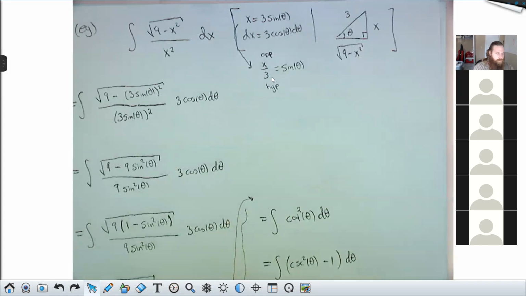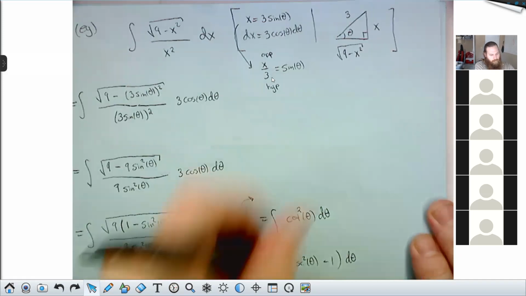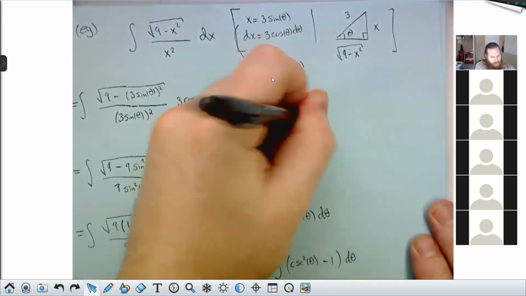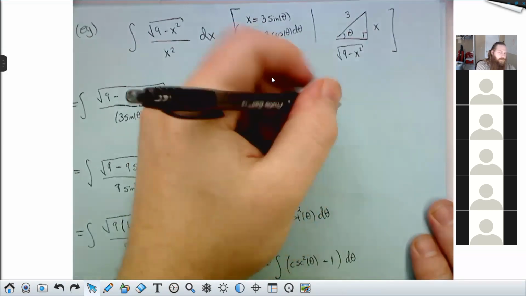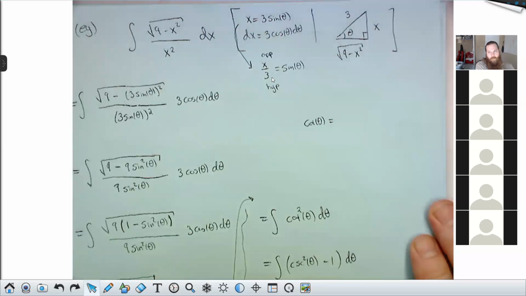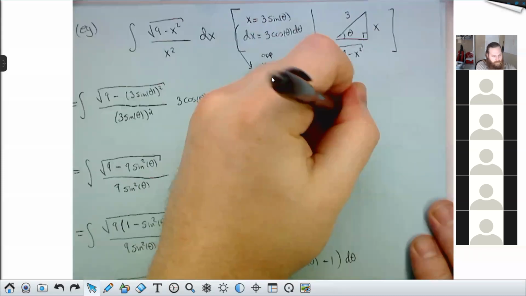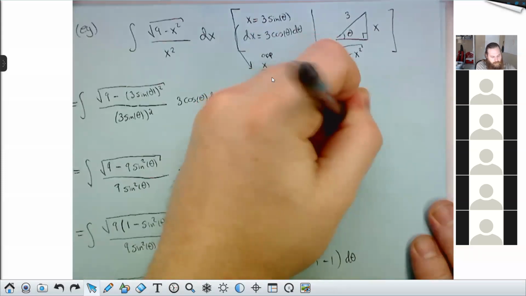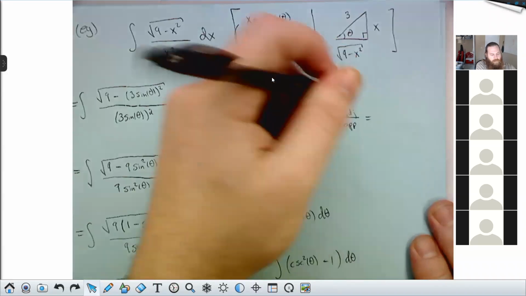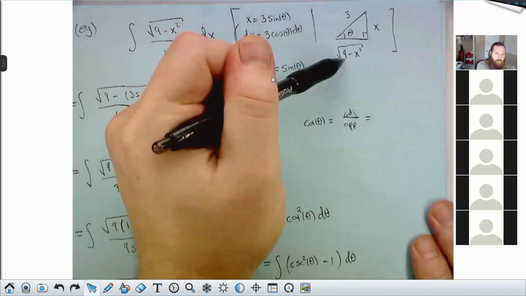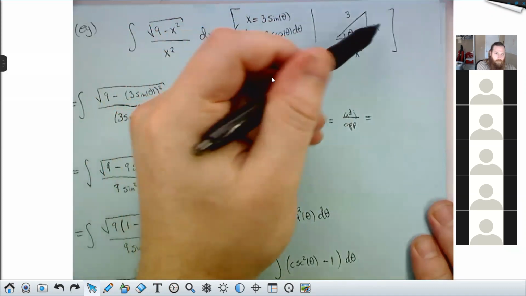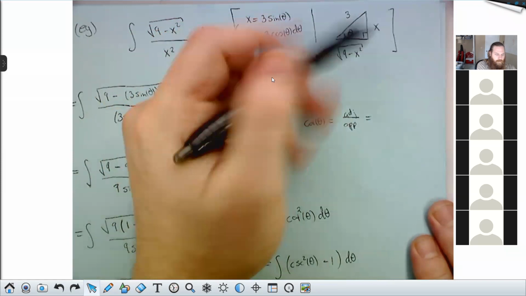If I want to know the cotangent of theta, remember that cotangent is the reciprocal of tangent. Tangent is the opposite over the adjacent, so this is the adjacent over the opposite. So cotangent of theta is the square root of 9 minus x squared over x.